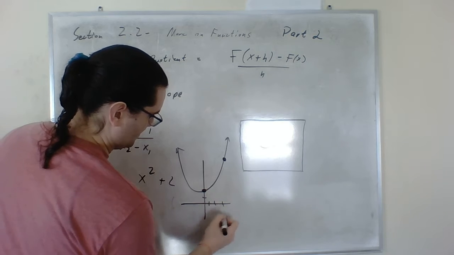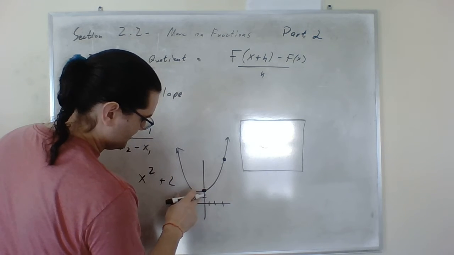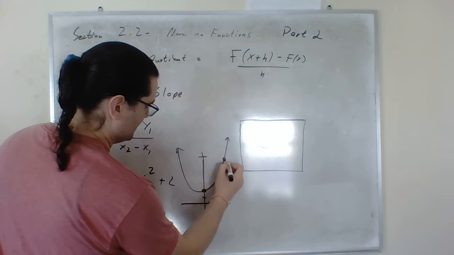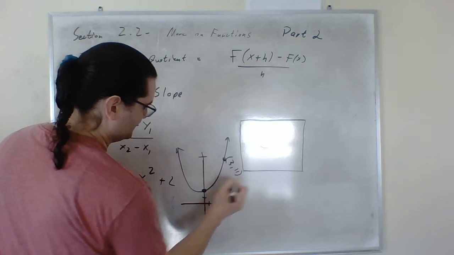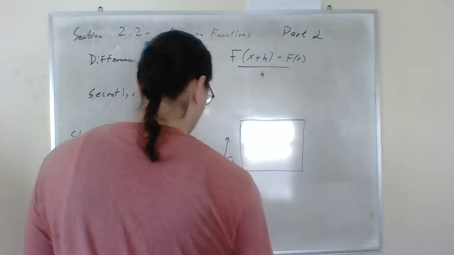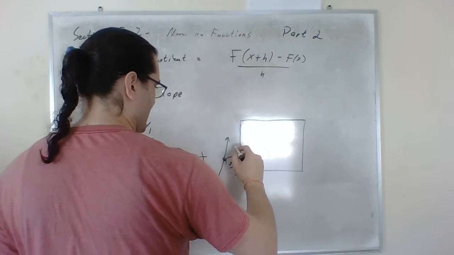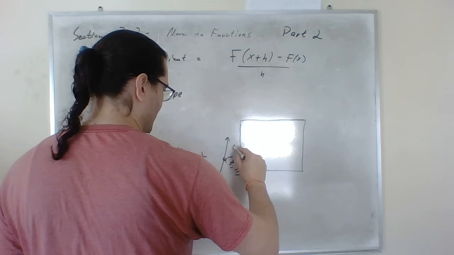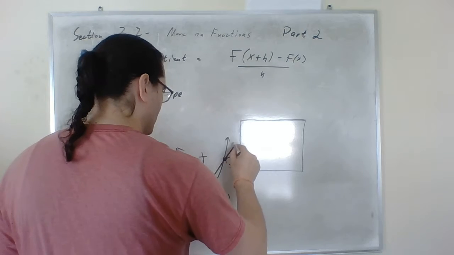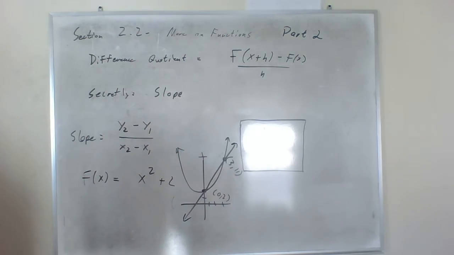So here's 0, 2. Here's 3, 11. And sometimes in math, when we're analyzing a function, we will be very interested in what kind of slope the straight line through these 2 points gives you.